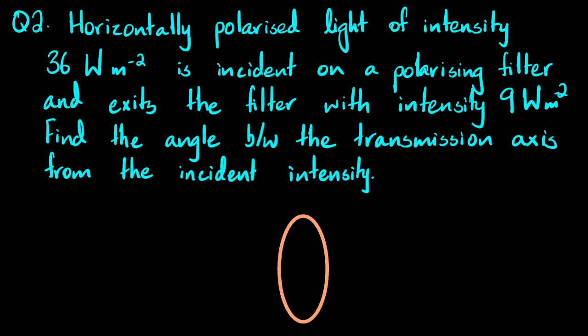This is actually what we need to find. So this is the incident intensity, and this is the intensity of the light which exits. And we know that the initially incident light was horizontally polarized, so it's along these directions like this. And then you have some light exiting with some intensity.